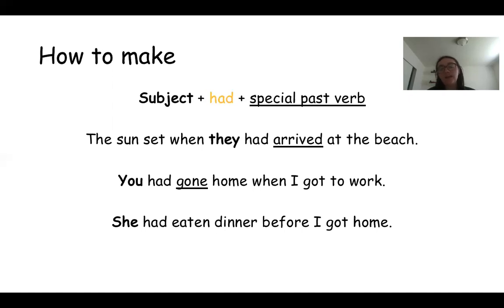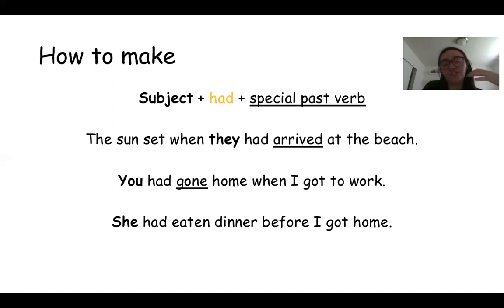And it's kind of hard to understand, and if you're having trouble understanding this, that's okay. This is a very hard, very advanced way to talk about time with verbs. So if you don't understand it, that's okay.